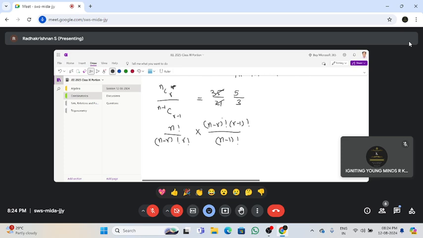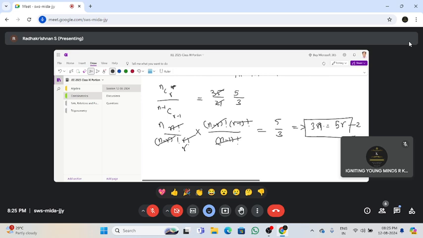So what does it lead to? n minus r gets cancelled. This n and n minus 1, you get n here. So n by r equal to 5 by 3, or 3n equal to 5r. 3n equal to 5r is what we are getting.